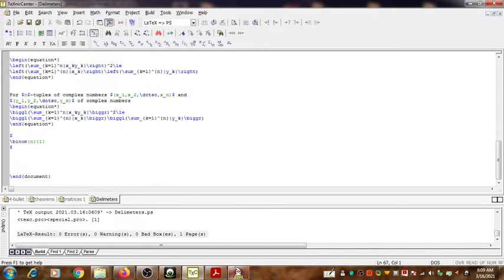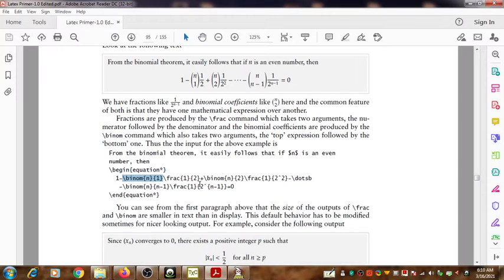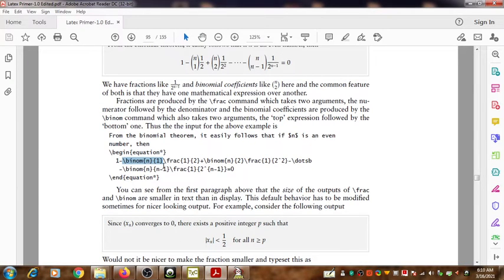Similarly, if you want to generate fractions, you can use a similar command, the \frac command. Then you have two curly brackets, in which the numerator goes in the first and the denominator goes in the second.